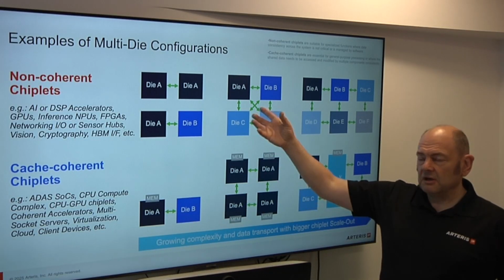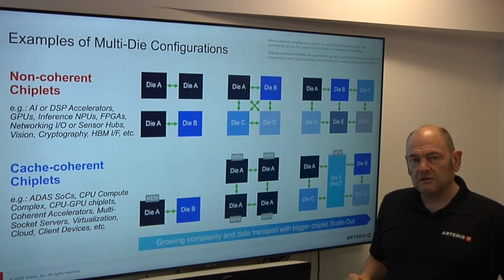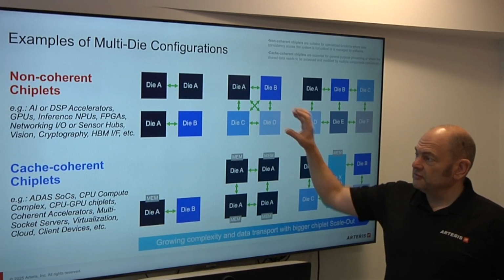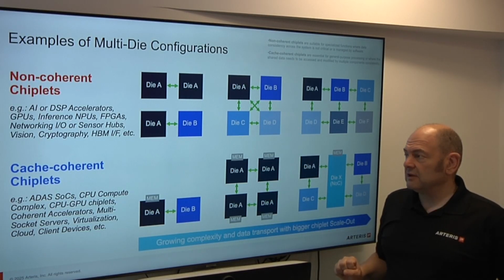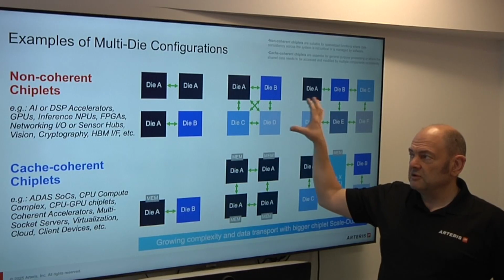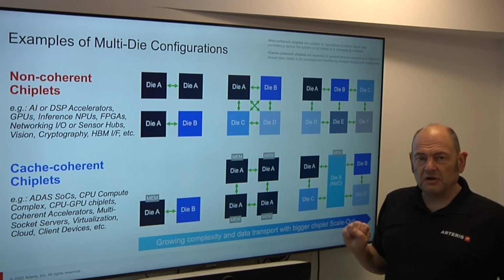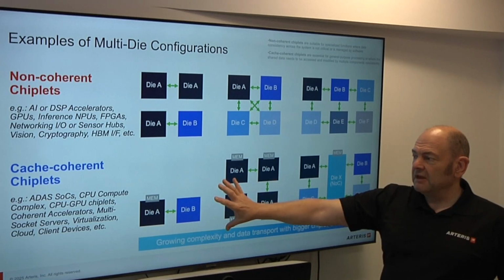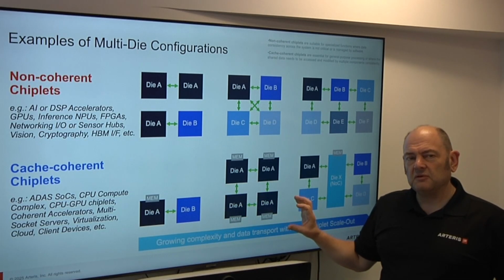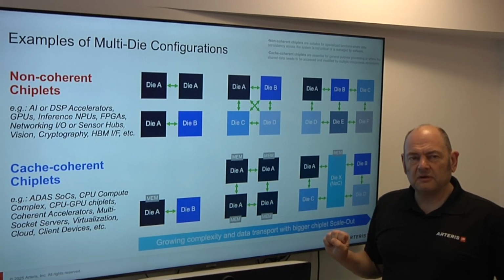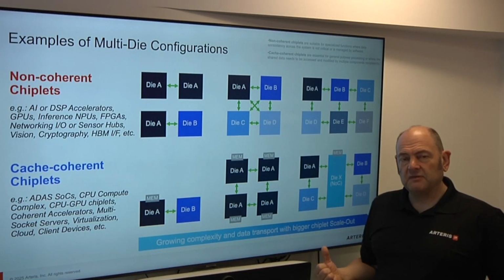Now, commonly, these can actually be mixed together, and these will have to work together. I've separated them out in this context just to show you that the non-coherent configurations of multi-dies is up and running today. It's much more difficult to do cache coherency across multi-dies today, but we can actually achieve that.